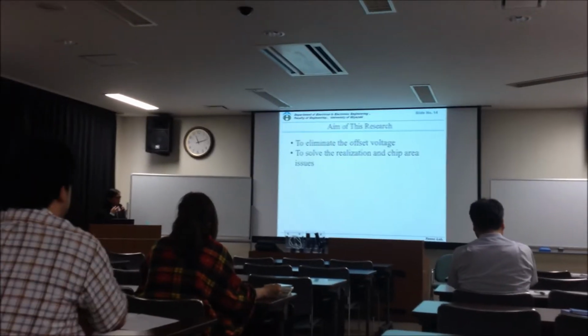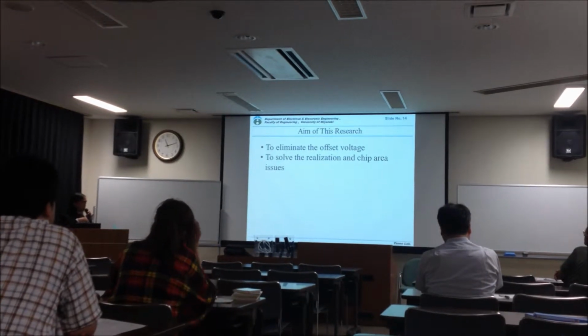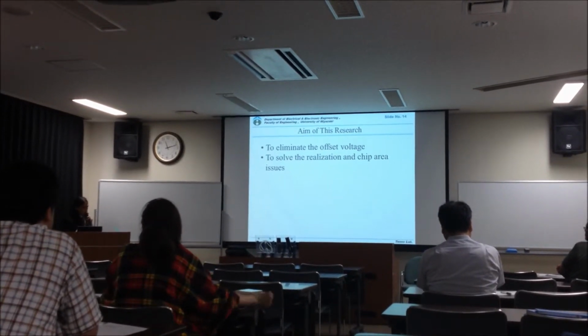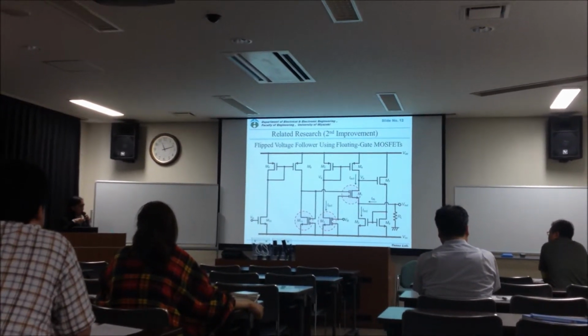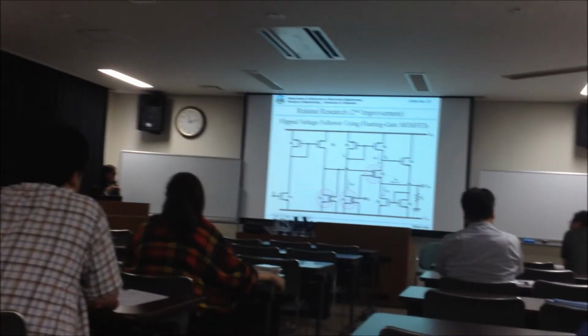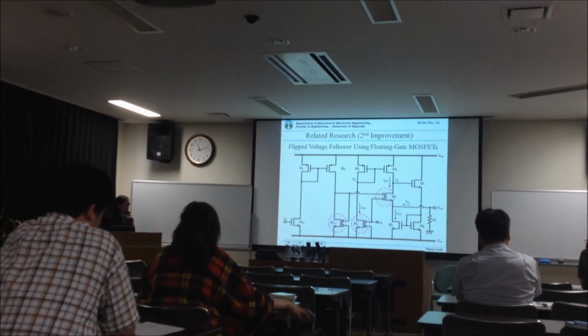And using the bucket technique, I can eliminate the offset voltage, and the chip area is smaller than this circuit, and it can be fabricated in ordinary fabrication process, so the cost will be low.